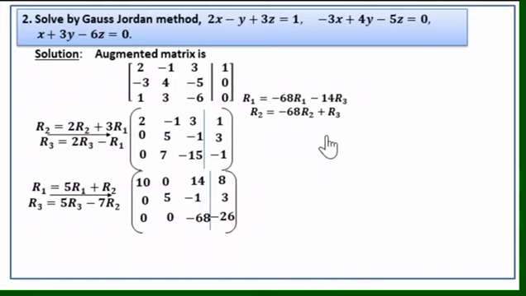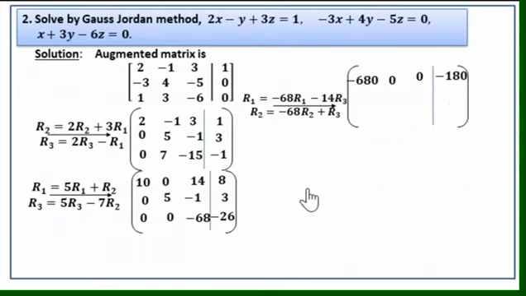So our matrix will be: R1 changes to -68 into 10 minus 14 into 0, that is -680. Then we have -68 into 0 minus 14 into 0, 0. Then we have -68 into 14 minus 14 into -68, we will get 0. Then -68 into 8 minus 14 into -26, it is -180.